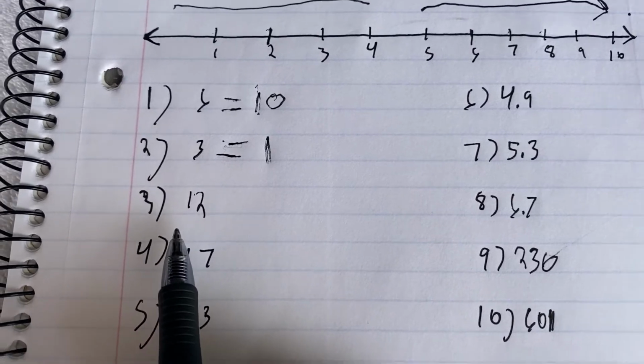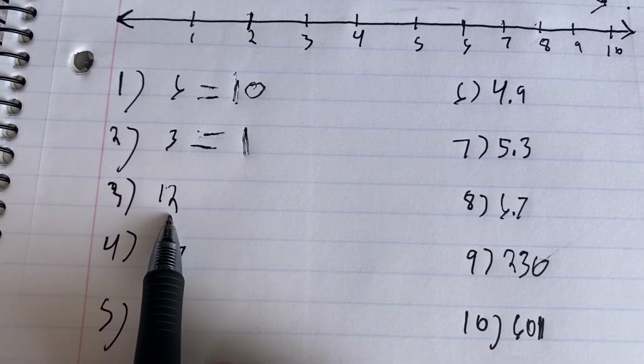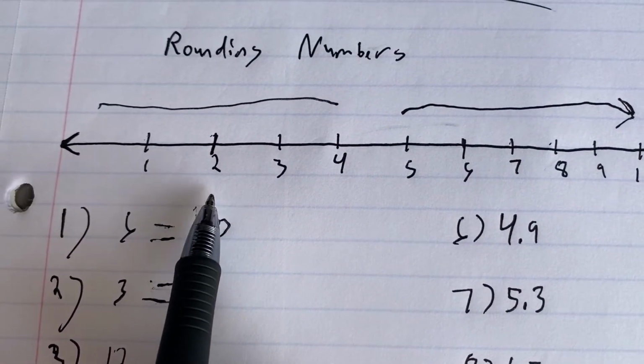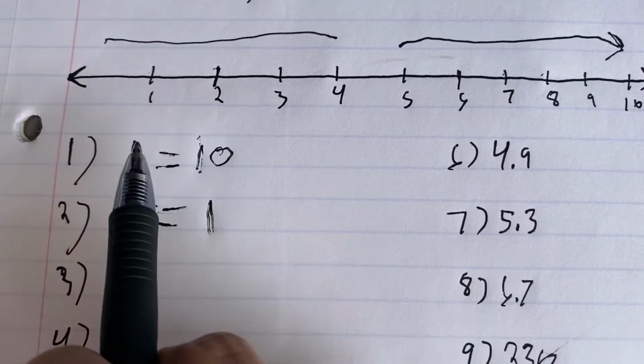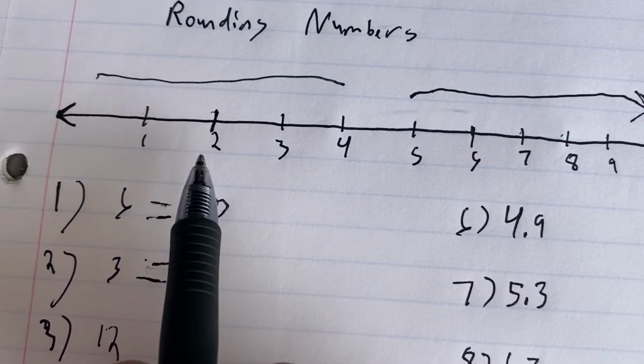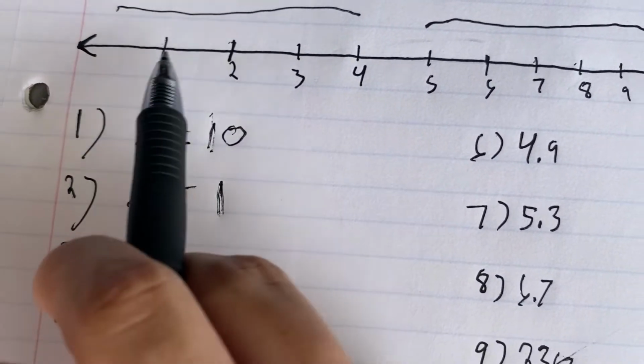Good. I'm going to give you a little bit of time to answer this question. Where would 12 go? Well, let's see. The last number is 2, which if we see here, this is 2. So it would go to 1, right? Not the case.